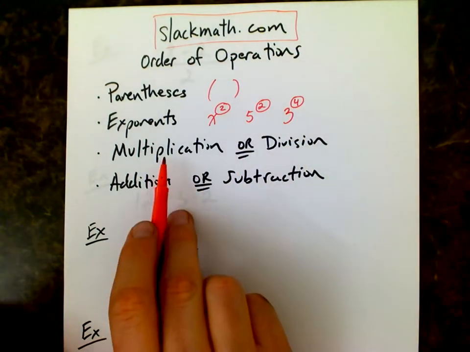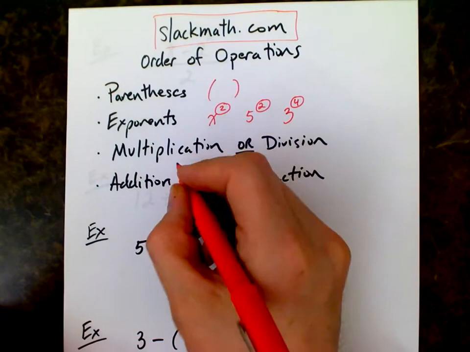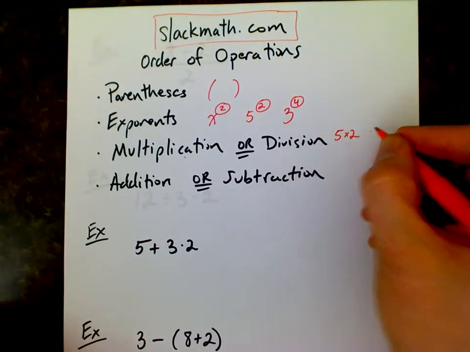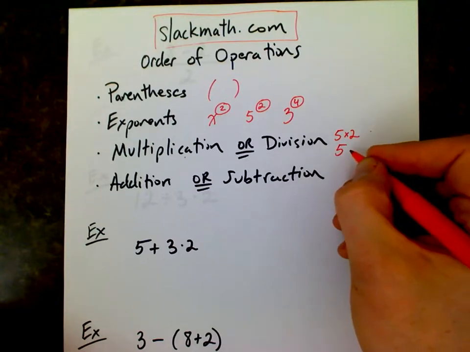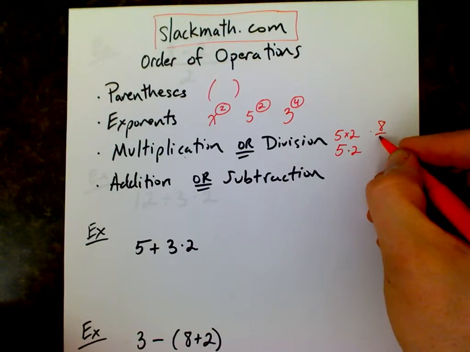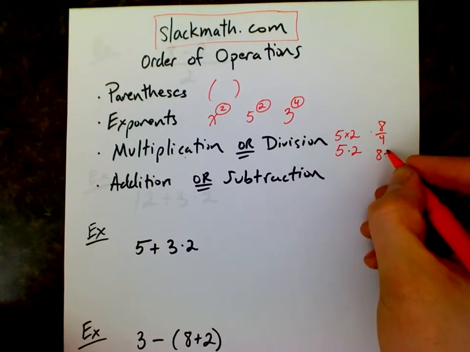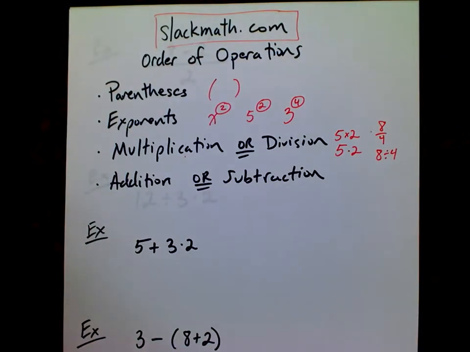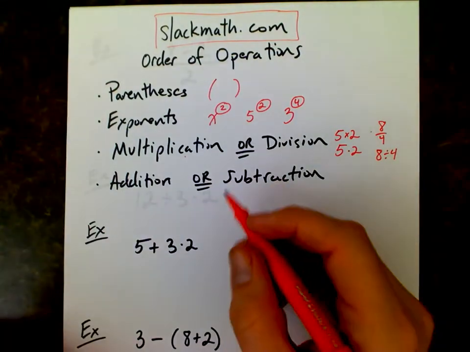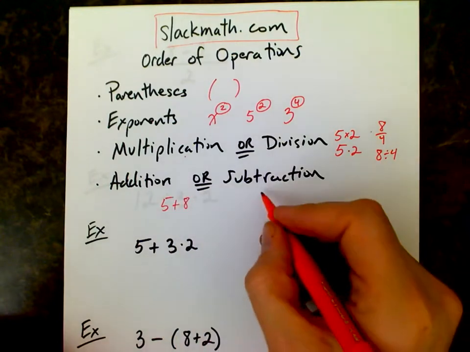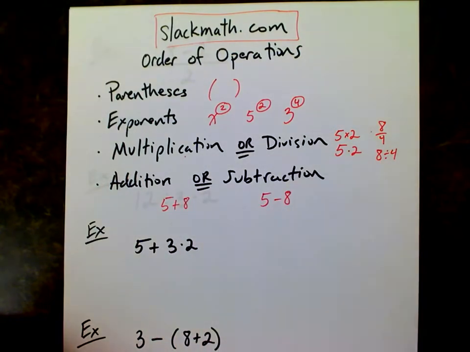Multiplication or division: multiplication can be written like 5 times 2, but it can also be written like 5 dot 2. Division, 8 divided by 4, but it can also be written as a fraction. Addition or subtraction, so you've got like 5 plus 8. Subtraction could be something like 5 minus 8.